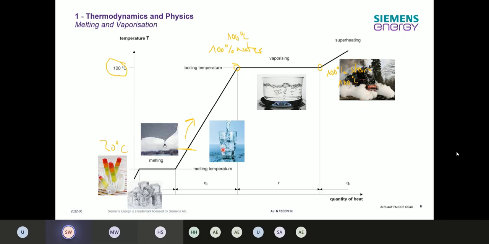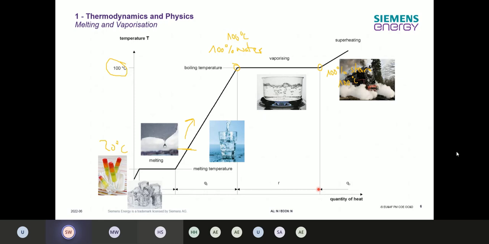And what's interesting, from the quantity of heat: when you're increasing the temperature of water from 0 to 100 degrees Celsius, you will need less energy than vaporizing the water at 100 degrees.